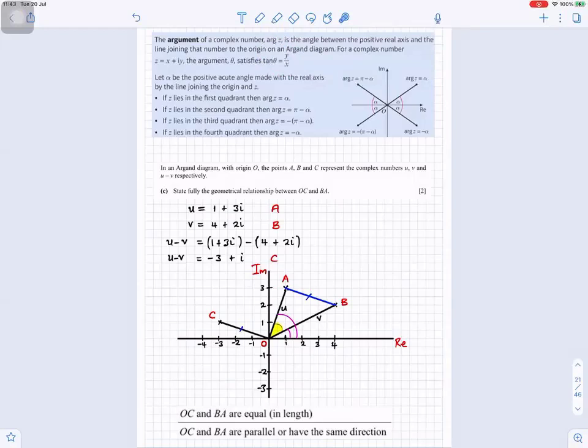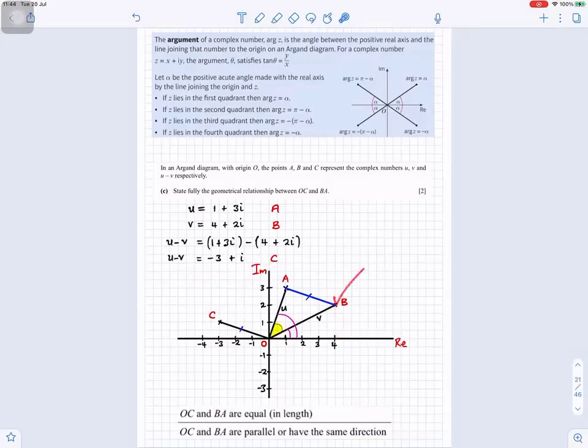Now for this part C, we have u is 1 plus 3i and v is 4 plus 2i. So that's A there, 1 and then 3i. B is 4 and 2i, 4 in the real, 2 in the imaginary.